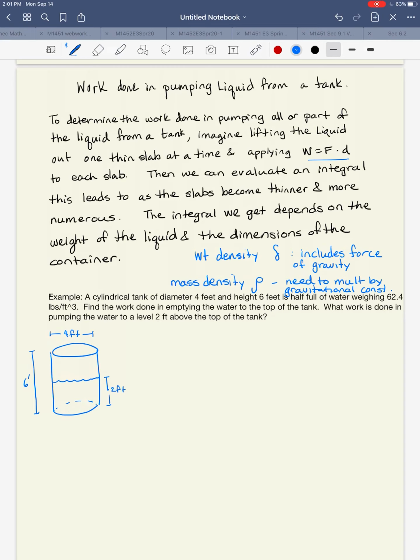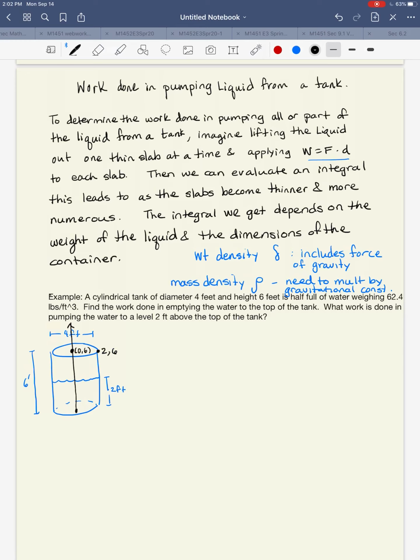So here's how we're going to do it. We're going to put an axis smack dab through the center of the tank. Let's put the origin right here and bring this up here so that this point is the ordered pair (0, 6). And if my diameter is 4 feet, then the radius here is 2 feet.